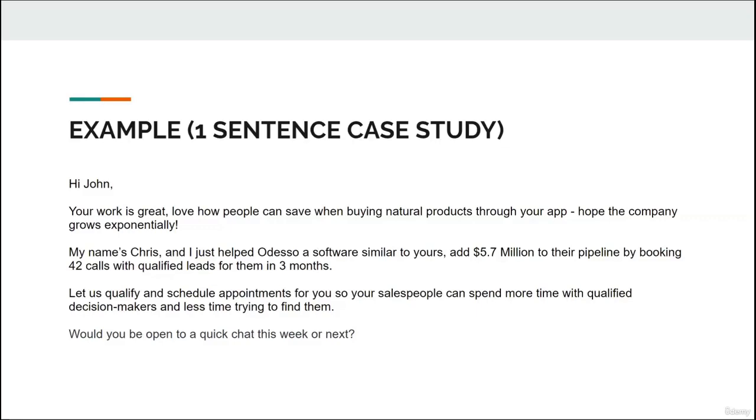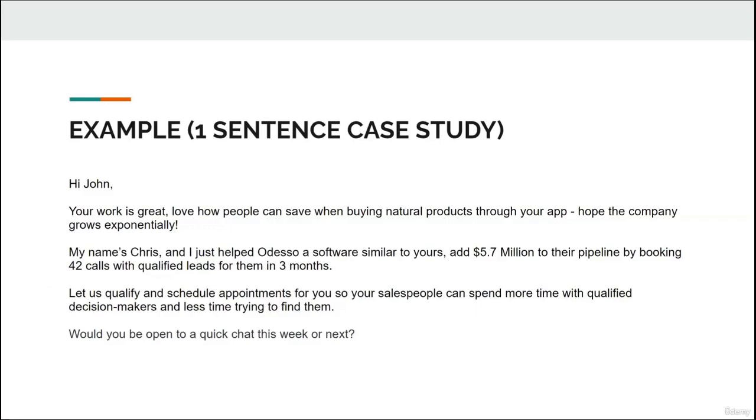And then lastly, we just provide us as the solution right here. So let us qualify and schedule appointments for you so your salespeople can spend more time with qualified decision makers and less time trying to find them. And then simply at the end, we just have the CTA, which is, would you be open to a quick chat this week or next?